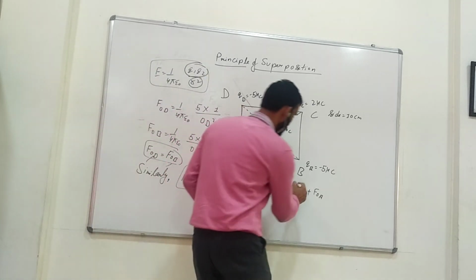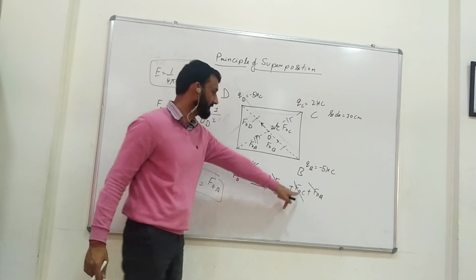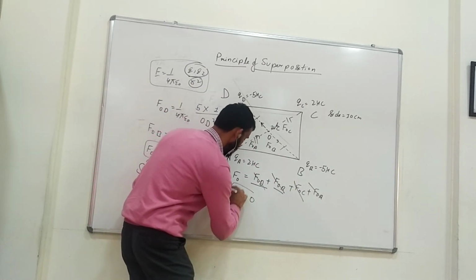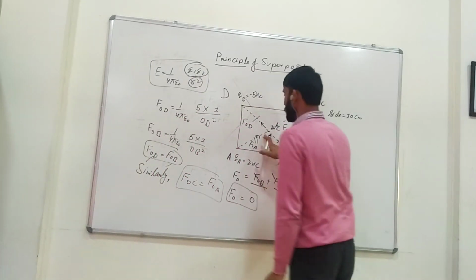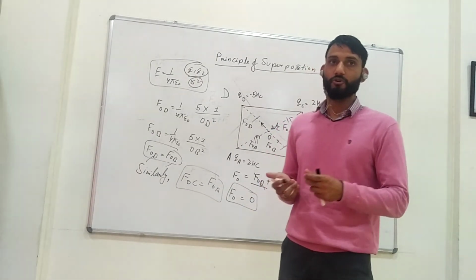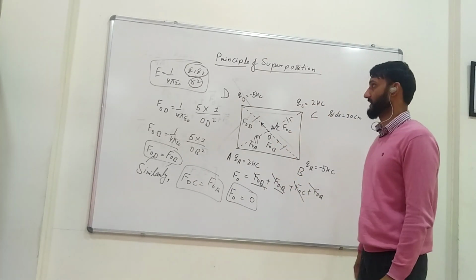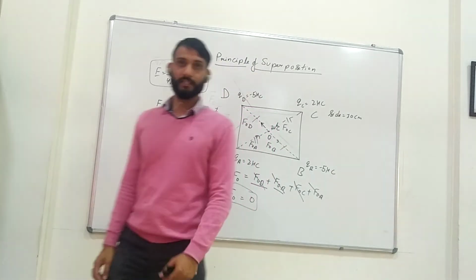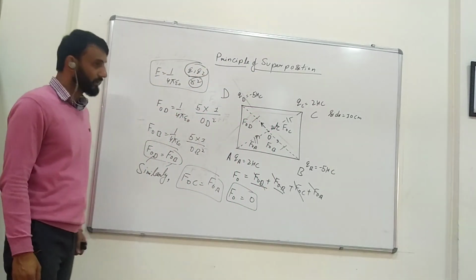And similarly, these two are opposite and equal, they will cancel out each other. So FO will be 0. It means there will be no force acting, and when I say no force, I mean the resultant force. No net force acting on this charge particle. So this was the principle of superposition, right? Thank you.